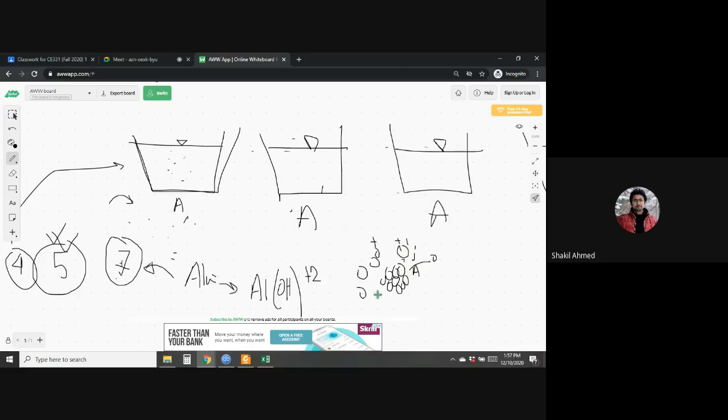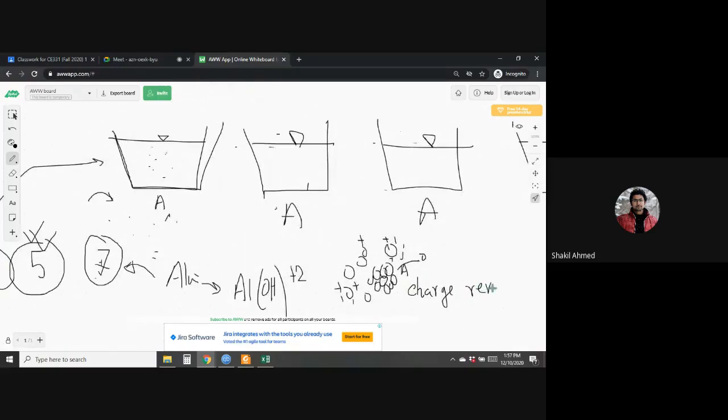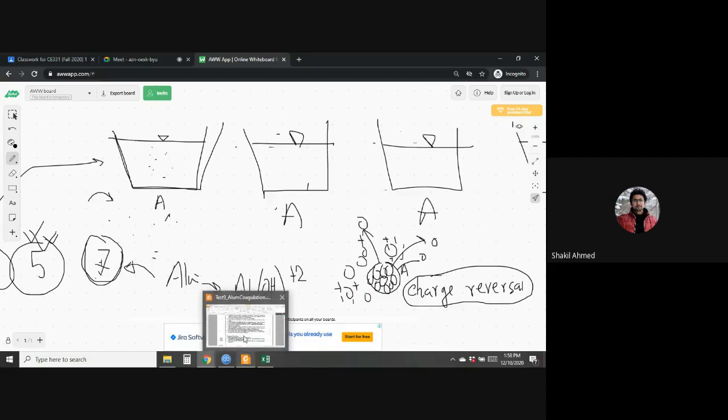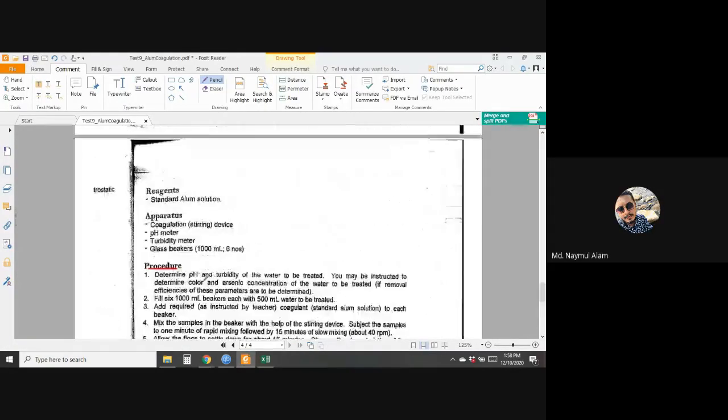The reverse thing will happen, and they will be surrounded. So this is called charge reversal. The particles which were aggregated or coagulated or flocculated before, if you exceed the optimum value, then charge reversal will happen and they will again segregate. That means they will be separated from each other. That's the problem. We don't want that. Is it clear?